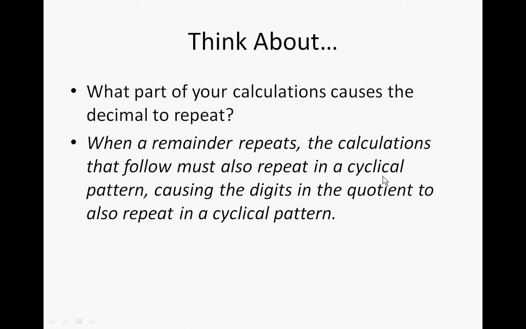Cyclical meaning that it goes around and around. It just keeps doing the same thing, causing the digits in the quotient to also repeat in a cyclical pattern. If you always end up with 1 as your remainder, you're always bringing down a 0, and so you're continuing that cycle in that process.